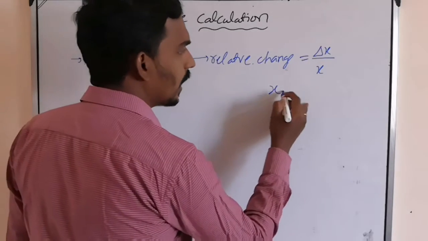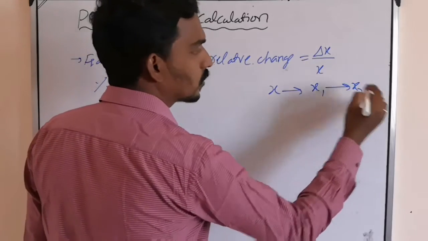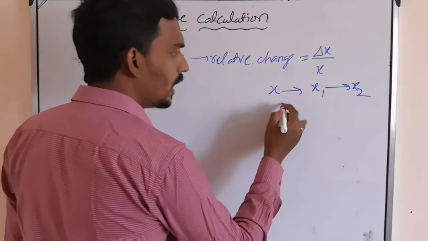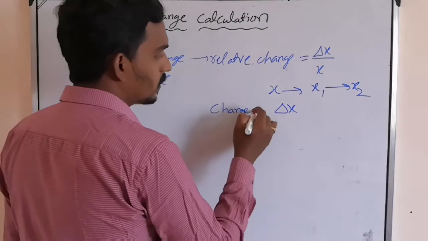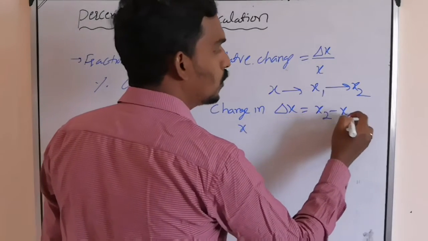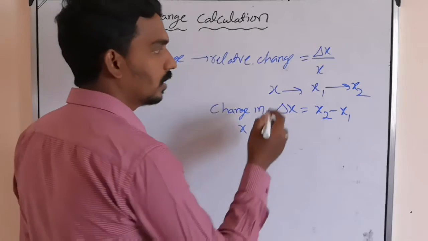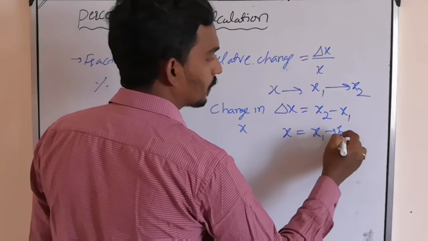So the initial value of x is x1 and it changed to x2. So the change in x, that is delta x, is x2 minus x1, and this x is the initial value.